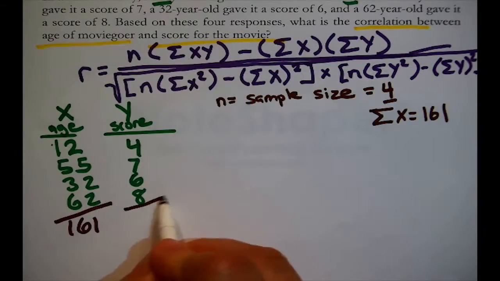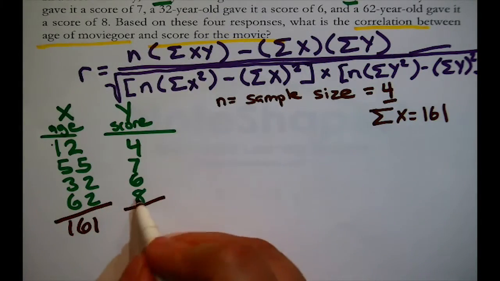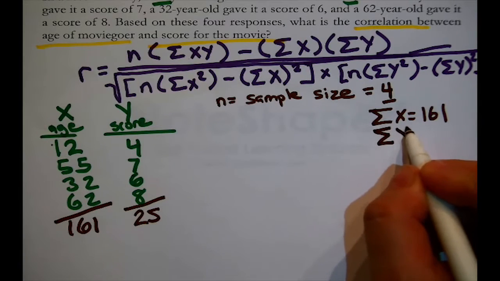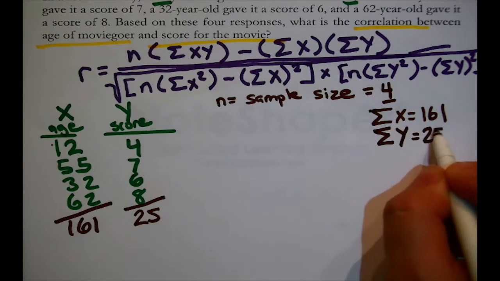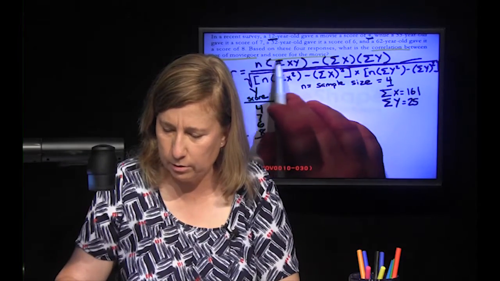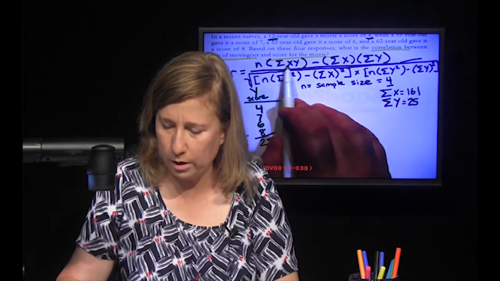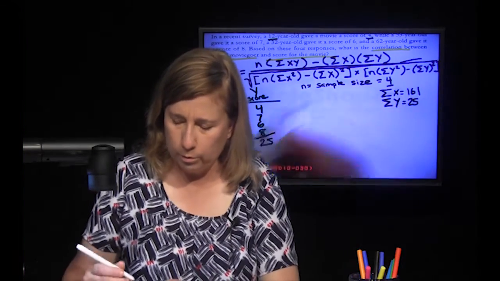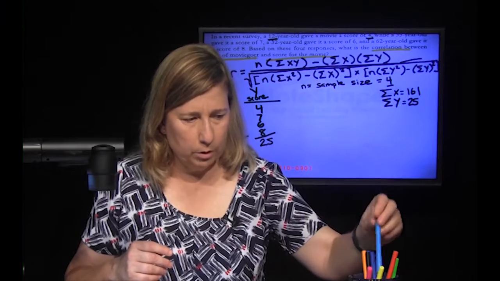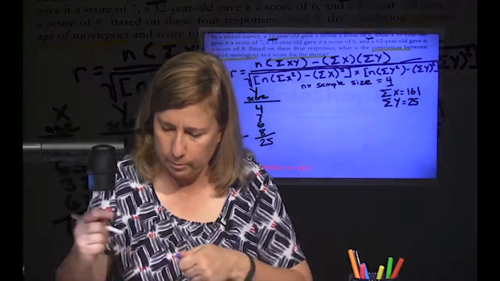Sum of y, add up these, I get 25. And I will note that again over here, sum of y, 25. Now, what other pieces, because I skipped something in here, sigma sum of x times y. Oh, you know what I need to do? I need to expand my table a little bit here.